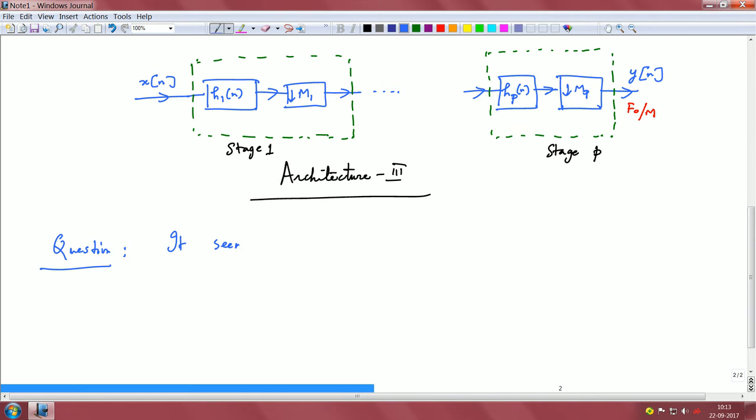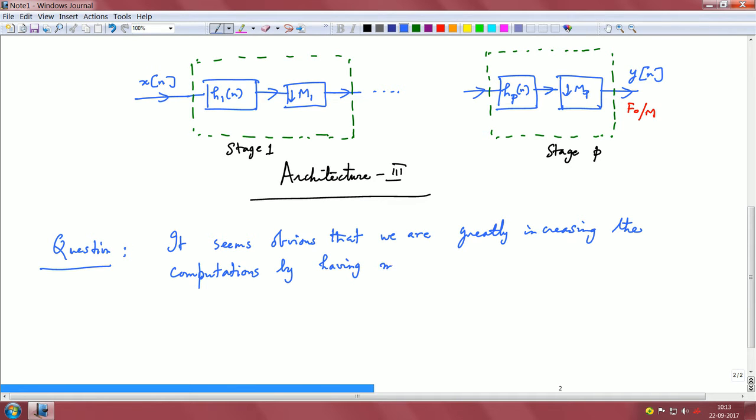It seems obvious that we are greatly increasing the computations by having many intermediate filters at various stages.